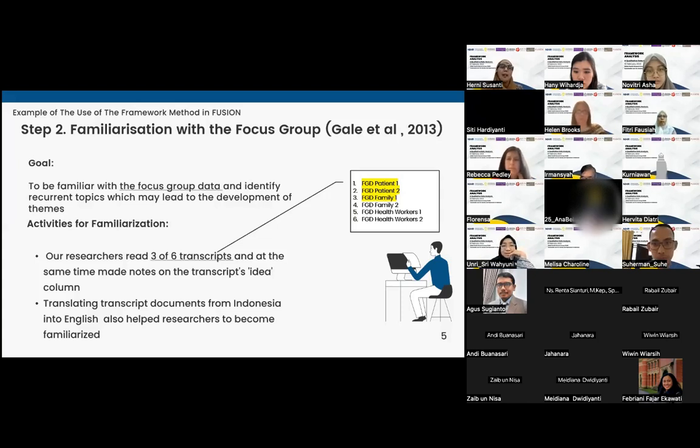At the same time, when we did the reading, for some of them we also listened to the recording again. We use the document that I will show you later to help us in doing this familiarization.